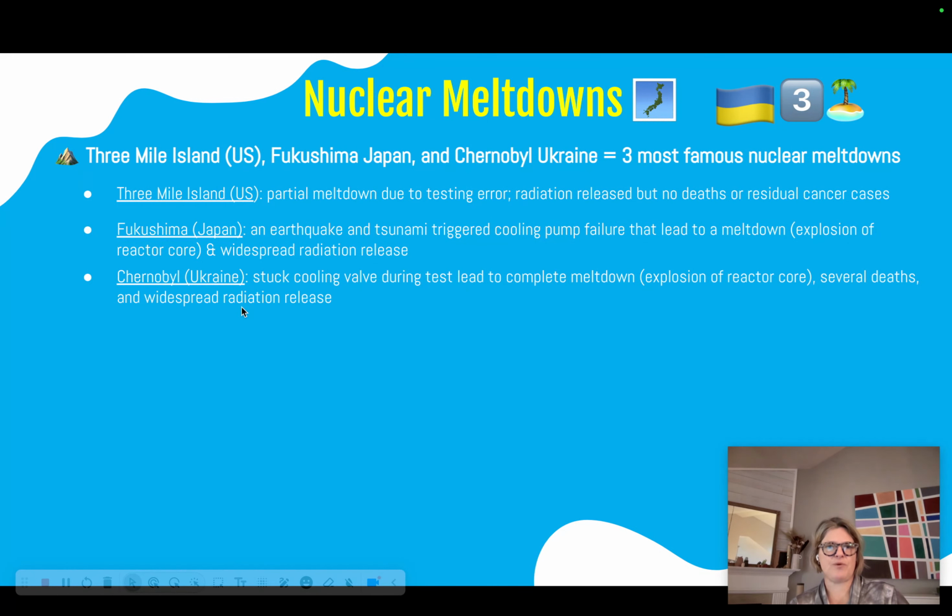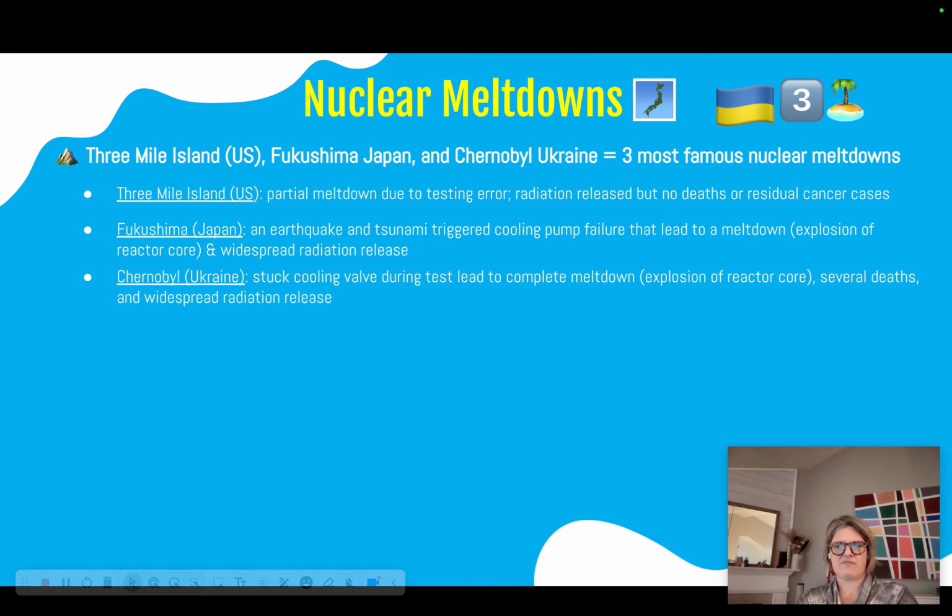And then also Chernobyl in Ukraine, it had a stuck cooling valve that wouldn't open. And the valve is what controls the amount of water that's moving in to the core. And so that valve wouldn't open during a test, and it ended up leading to a complete meltdown. It was a disaster in Ukraine. The reactor core exploded.